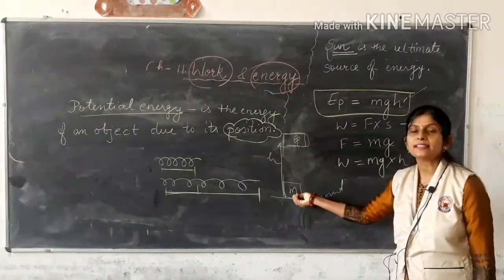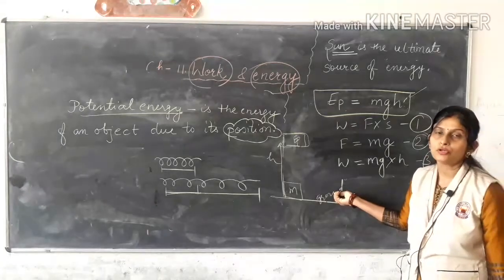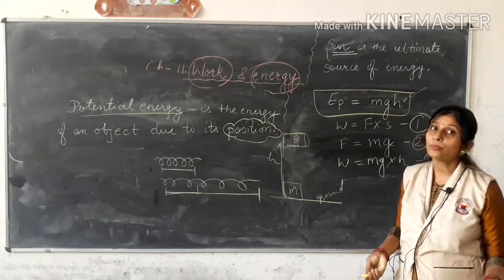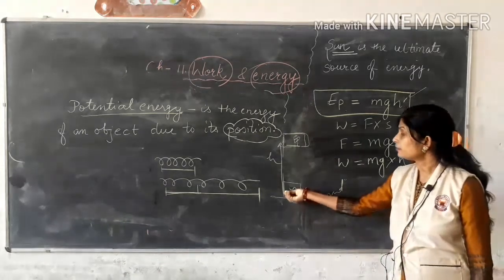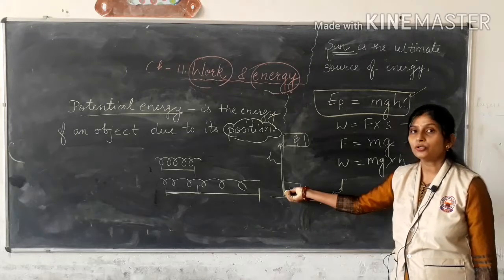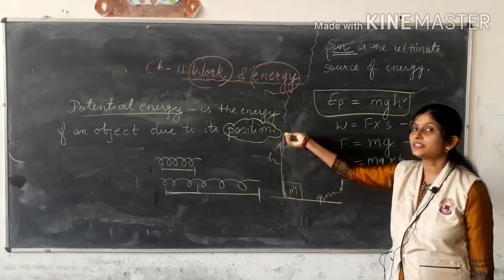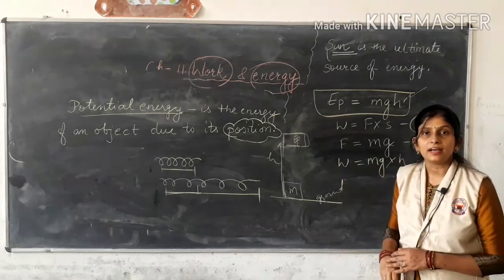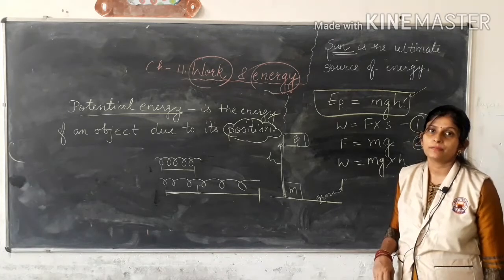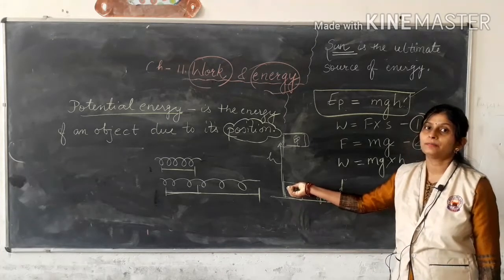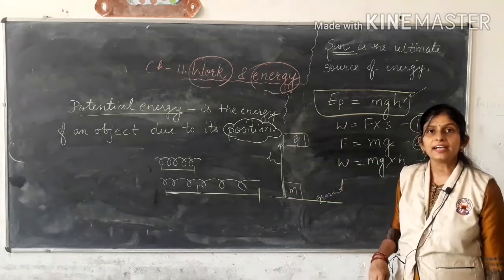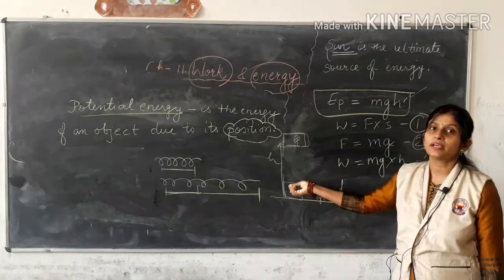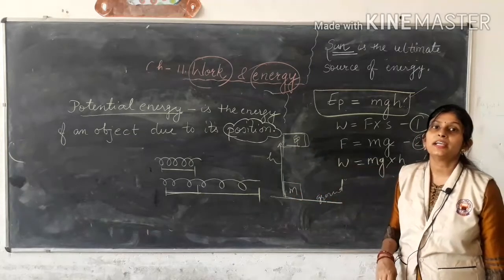This object of mass m was kept on the ground. When it was kept on the ground, at that time it had no height, it had no potential energy. But when a force is applied and due to that force it covers a displacement or height h, then it acquires a height, it acquires a potential energy. So whatever work is done on this object, that much potential energy it acquires.